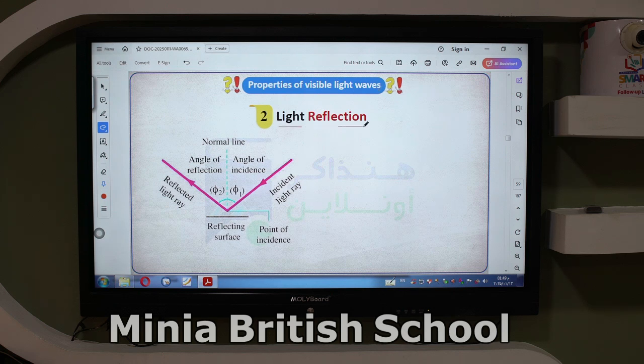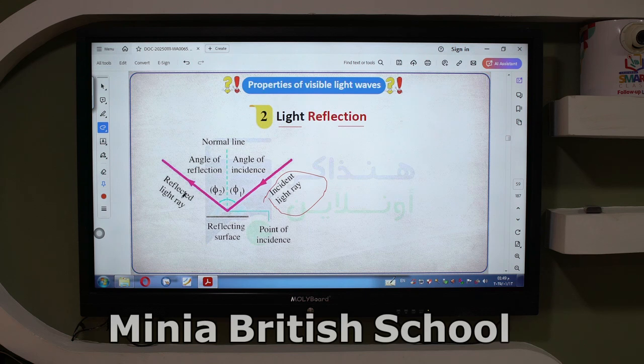Light reflection. When a light ray falls on a smooth surface, this light ray is called the incident light ray. This point is the starting point for the reflected light ray.